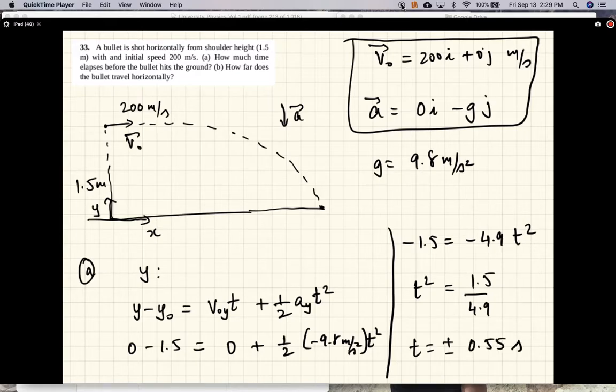And what we want is the positive root, so the bullet hits the ground 0.55 seconds later. Okay.